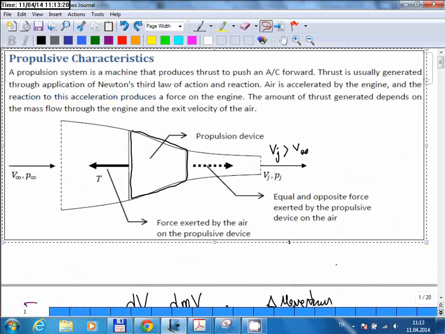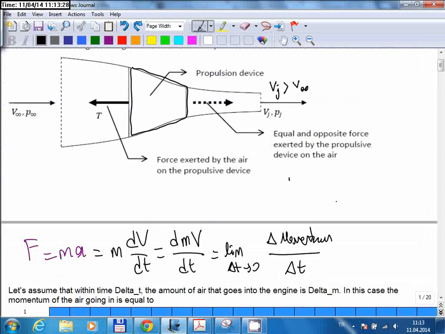It's just that the engine flies into air with speed V infinity. So in reality, the air, before it goes into the engine, has no speed, unless there are winds in the atmosphere. Our assumption is that there are no winds, so the atmosphere is stationary. In that case, before it goes into the engine, the air has no energy because its speed is 0.